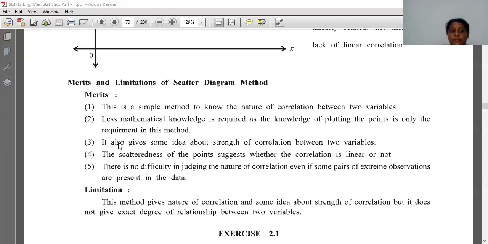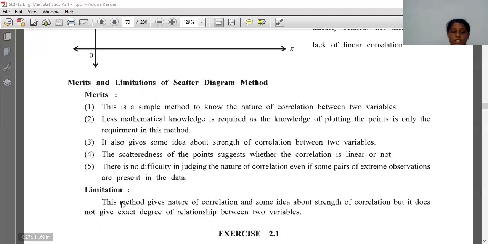It also gives some idea about the strength of correlation between the two variables. The scatteredness of the points suggests whether the correlation is linear or not. Next, there is no difficulty in judging the nature of correlation, even if some pairs of extreme observations are present in the data. These are the merits.